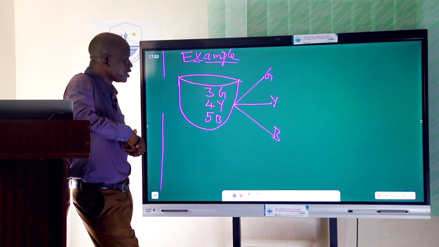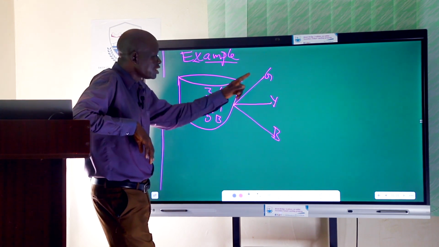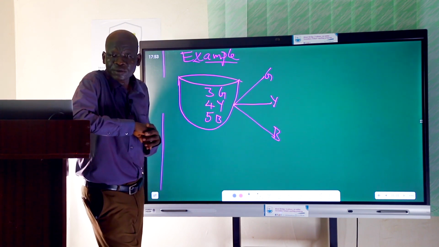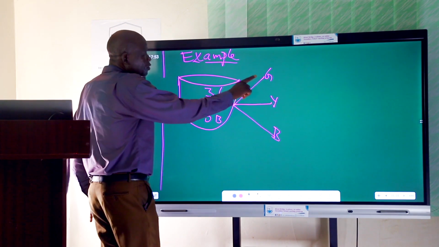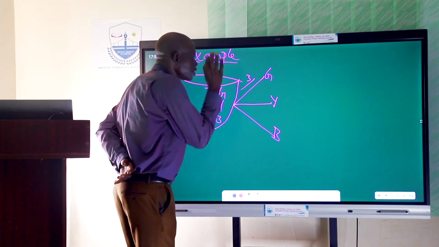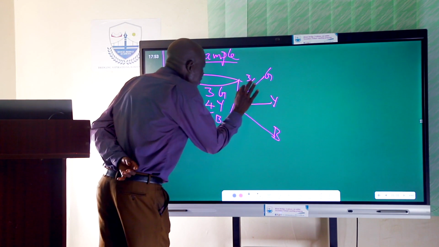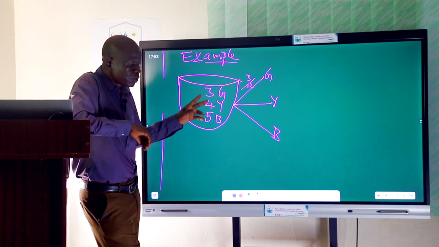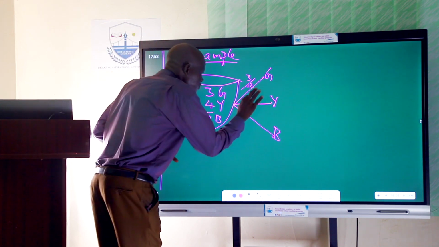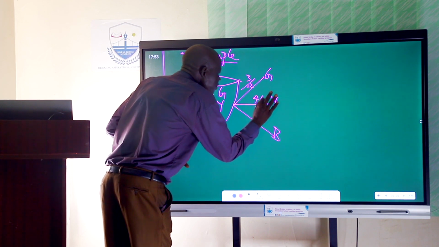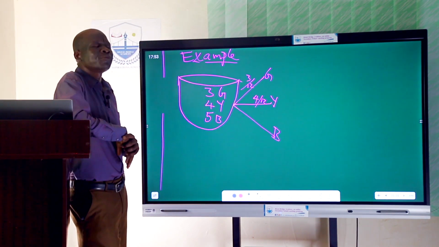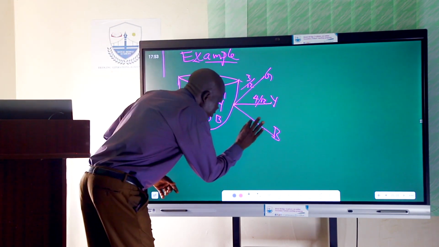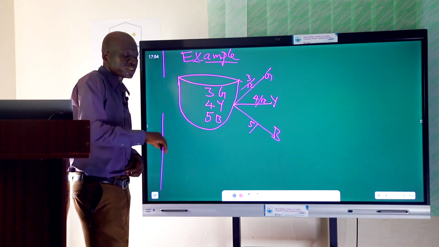Now, the probability of picking a green ticket will equal the number of green tickets, which is 3, divided by sample space, which is 12. Probability of picking a yellow ticket will equal the number of yellow tickets, which is 4, divided by sample space, which is 12. And the probability of picking blue tickets is equal to the number of blue tickets, which is 5, divided by the sample space, which is 12.